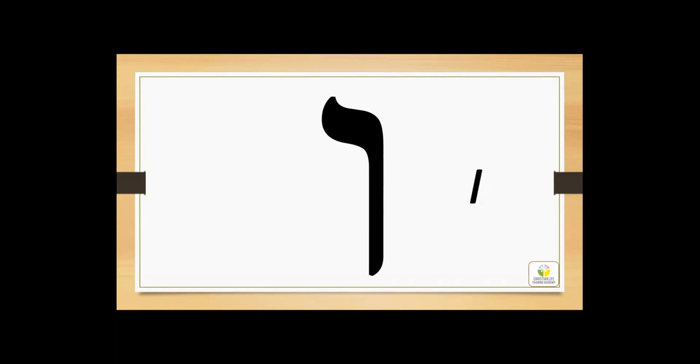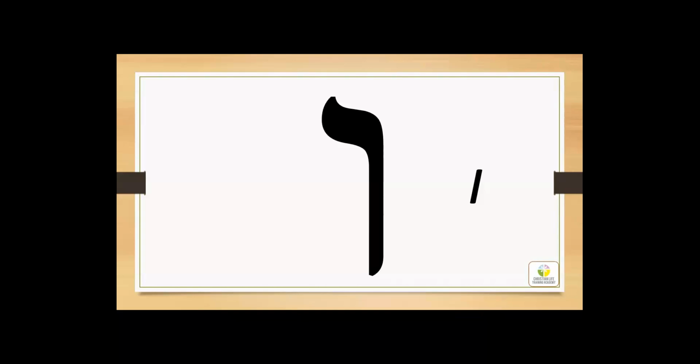So if I say Joshua and me, I'm going to say in Hebrew, Joshua ve-ani.